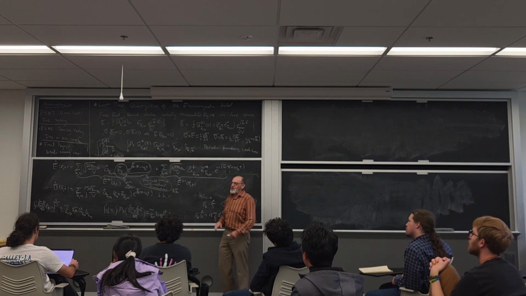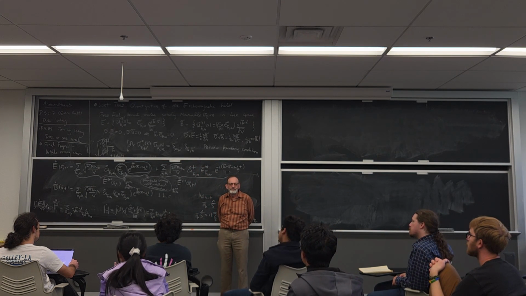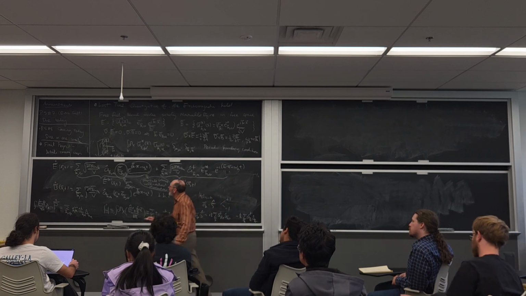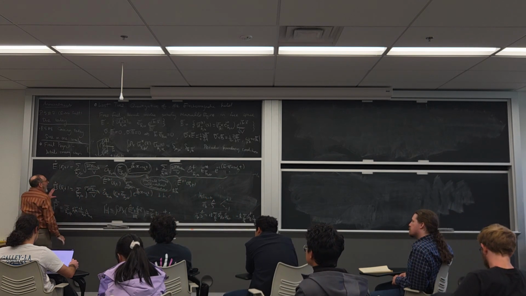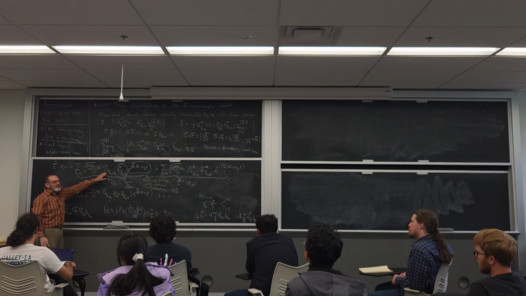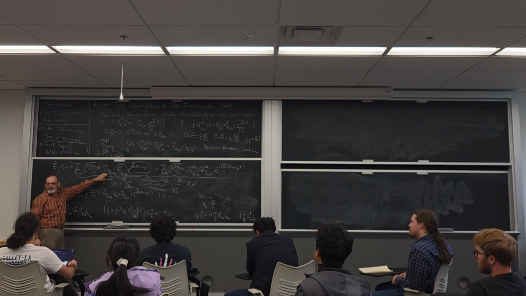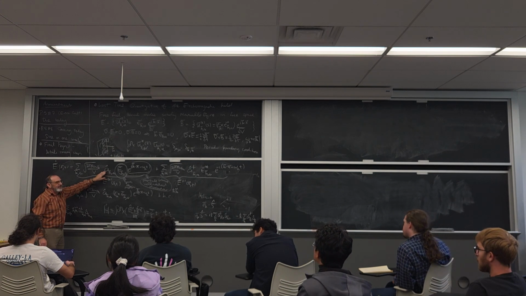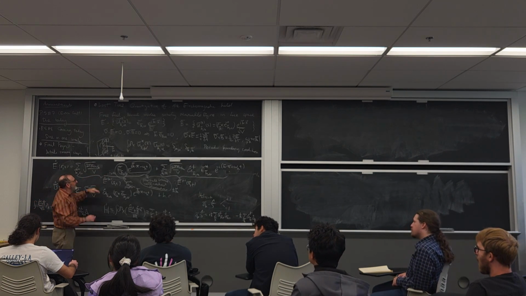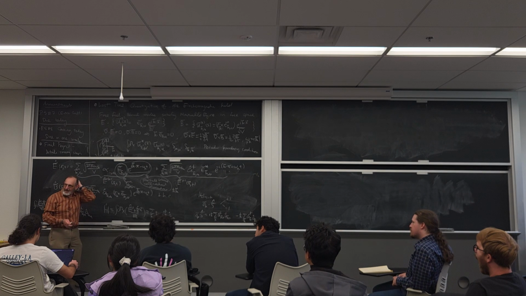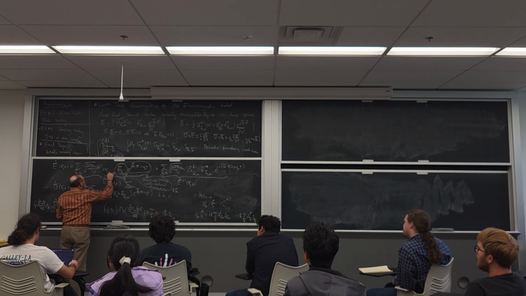Remember how we got the quantized field? The way we got the quantized field is we had a classical field and replaced the normal mode amplitudes by operators. Let's just go backwards. Let's take the hats off. I wasn't wearing them, otherwise I would.